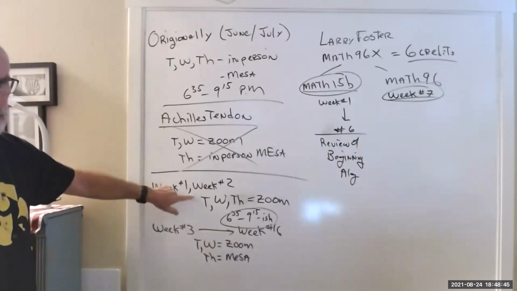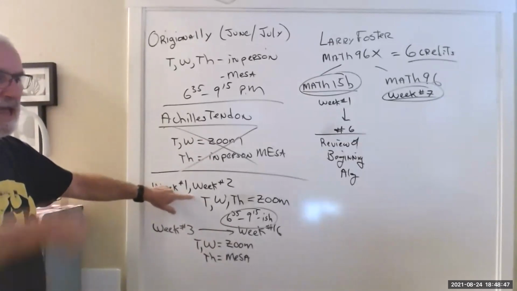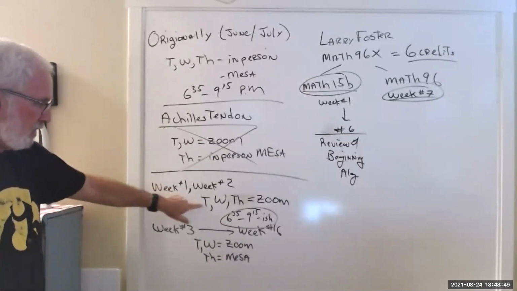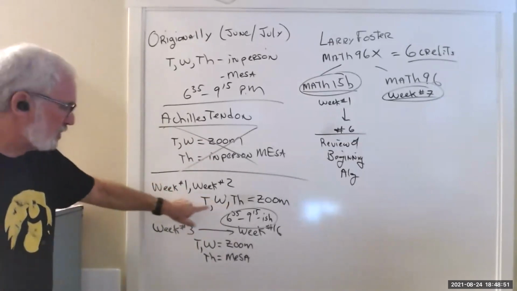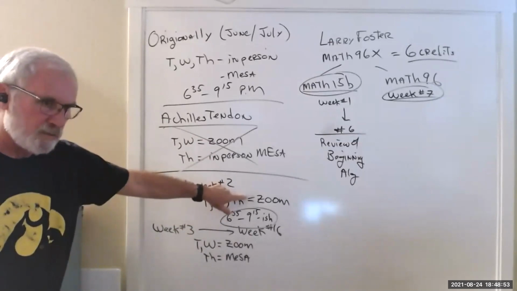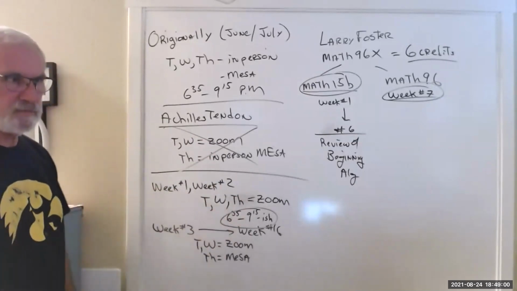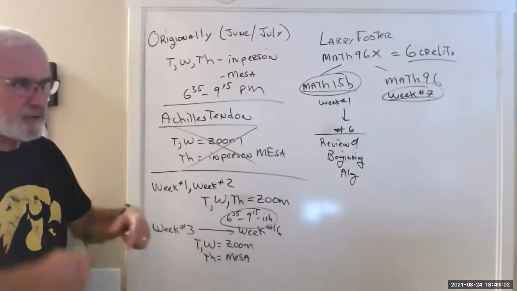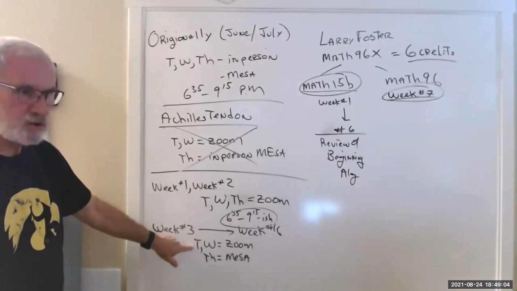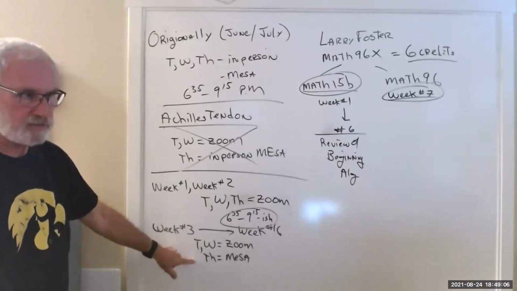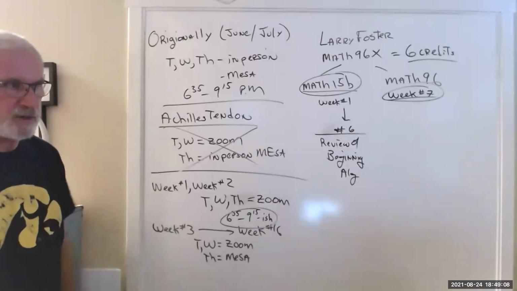The first 2 weeks of the semester, this week and next week, we will meet Monday, Tuesday, Wednesday, Thursday on Zoom, okay, from around 6:35 to 9:15. Okay. After that, 2 days a week on Zoom, 1 day a week on campus. And I'll give you more information when we get there.